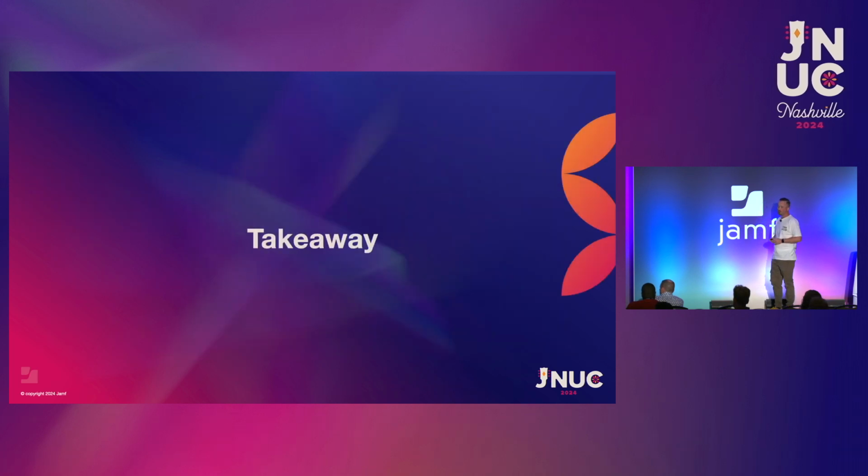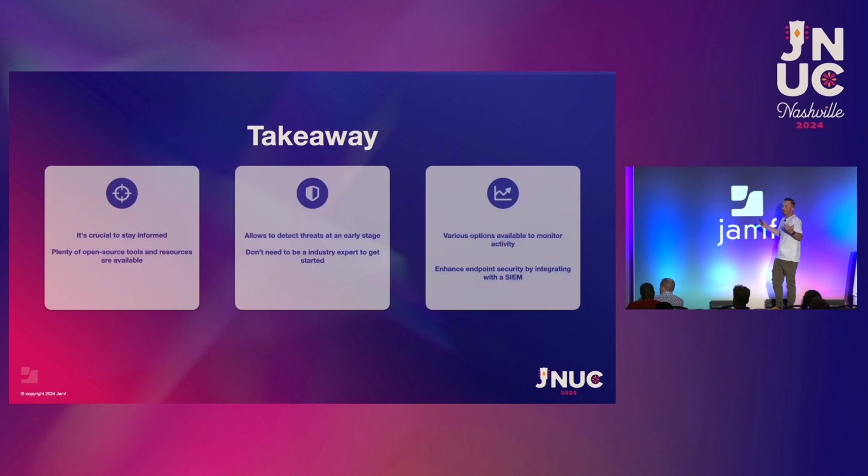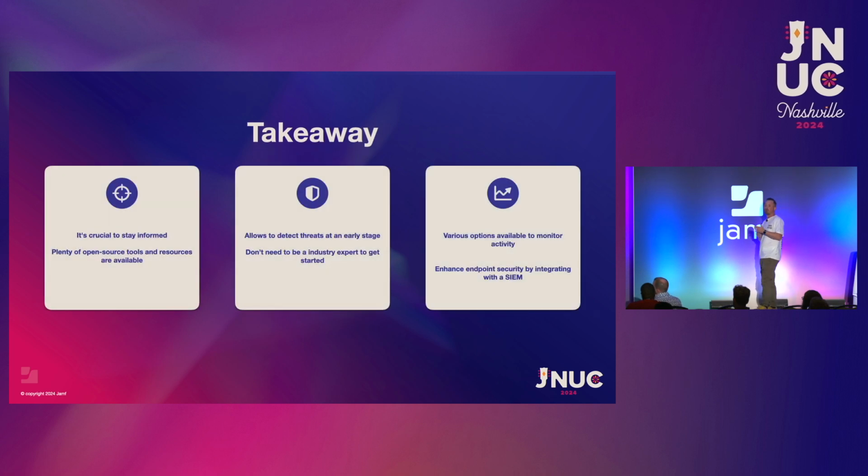Just some takeaways. It's relevant actually to start to keep track of what's happening on corporate-owned endpoints. And there are many tools available that can help you get started, as shown earlier on. So at least you can then get a feel like, hey, what's going on on one of my devices while you are playing around. Having this all in place helps your organization to detect threats in a very early stage if you put out the detection rules in a SIEM as an example.